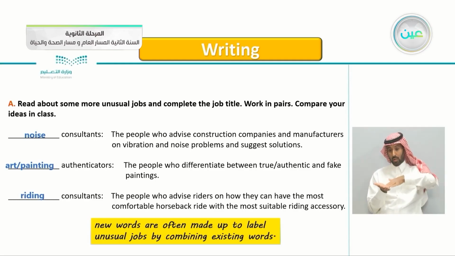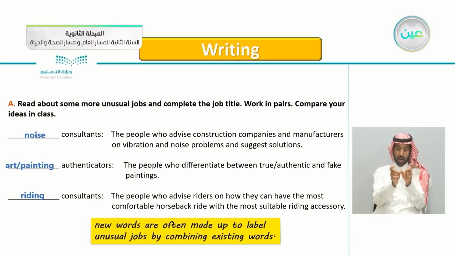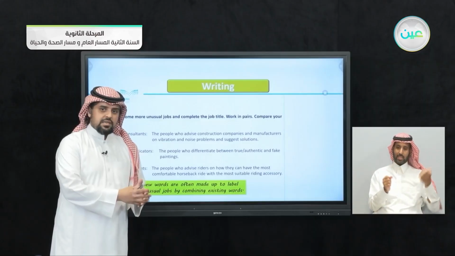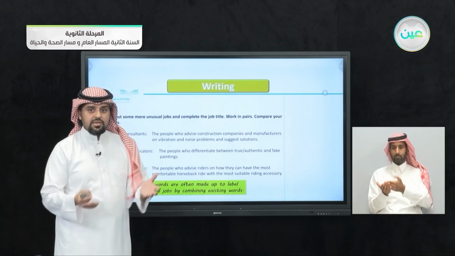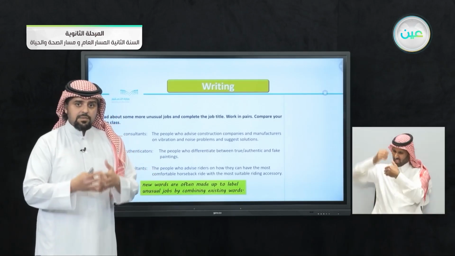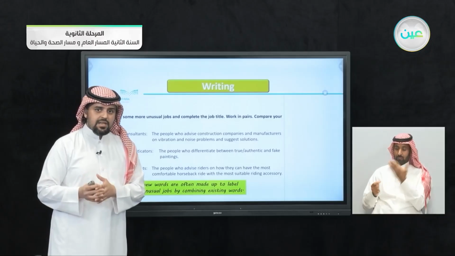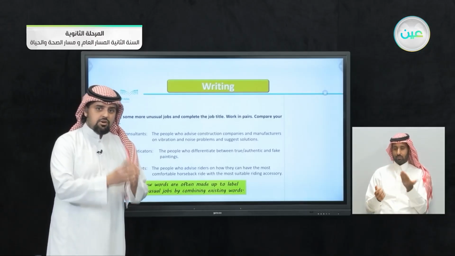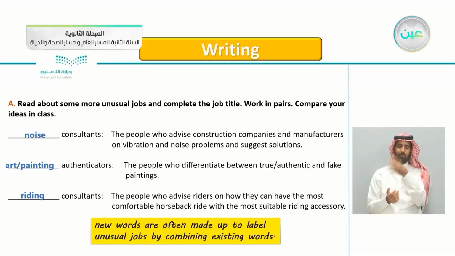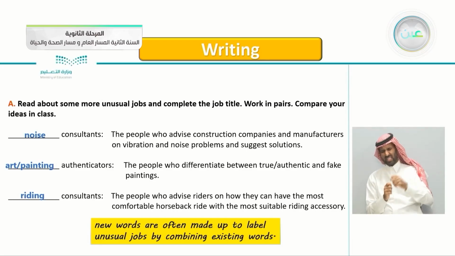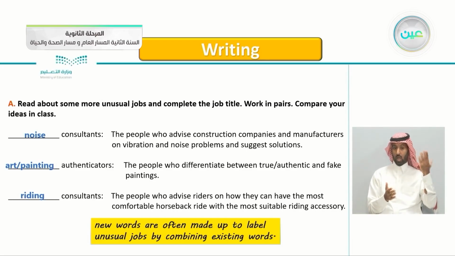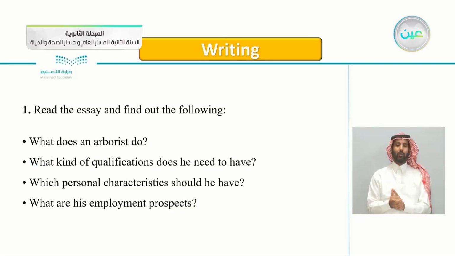So we took two words and combined them, and this is the title of his job, cheese sprayer. And also the odor judger, some people who judge the intensity of the smell of the odor coming from a man. So these are words made up to label some unusual jobs. Also here you can say noise consultant. Have you ever heard of a noise consultant? Of course not. So read the essay and find out the following.